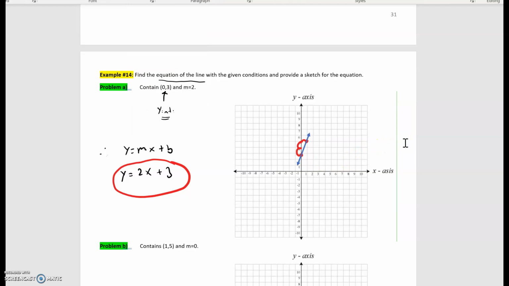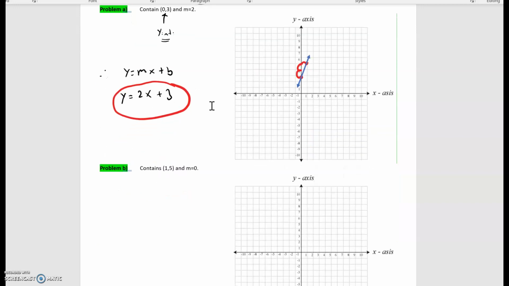And that's it for this one. It contains the slope of 2 and the point (0, 3), which is a coordinate point, and in this case, it happens to be the y-intercept.